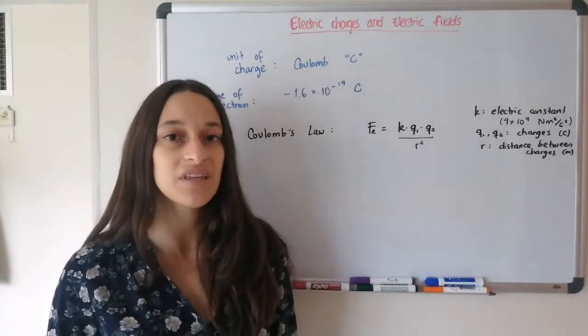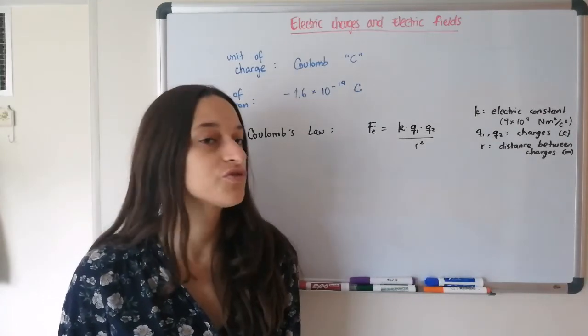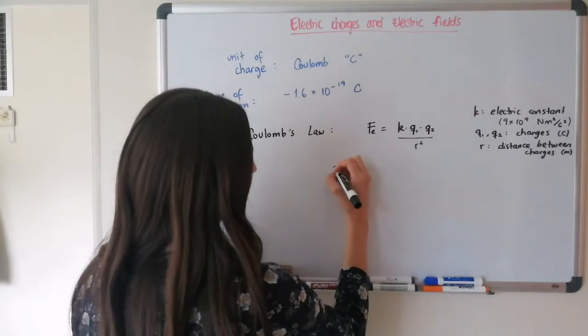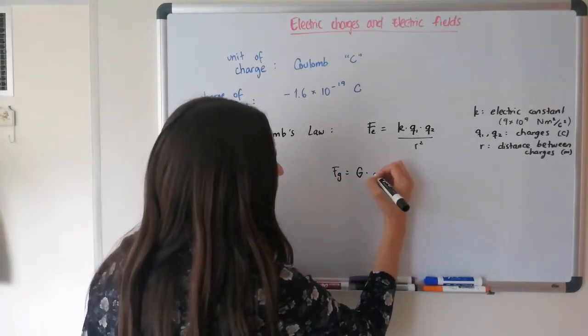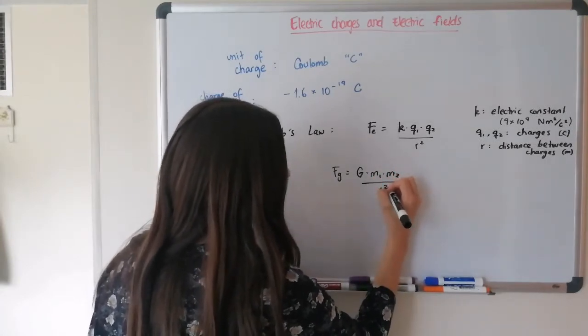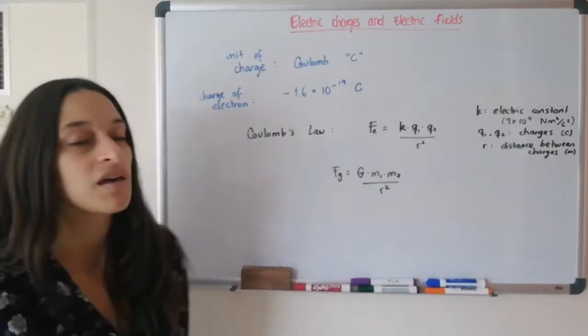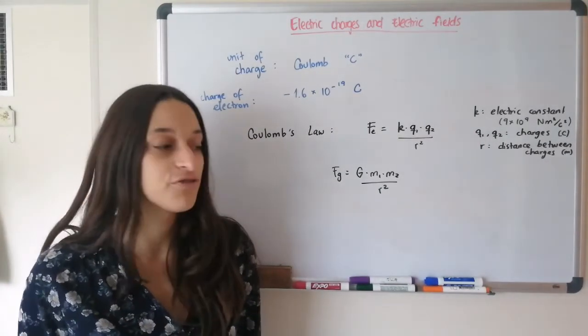Maybe you remember that the equation for gravitational force looks very similar to this. The gravitational force equation is a constant G, the gravitational constant, times a mass 1 times a mass 2 over r squared, the distance between the masses. It's actually the same type of law, but with other values.